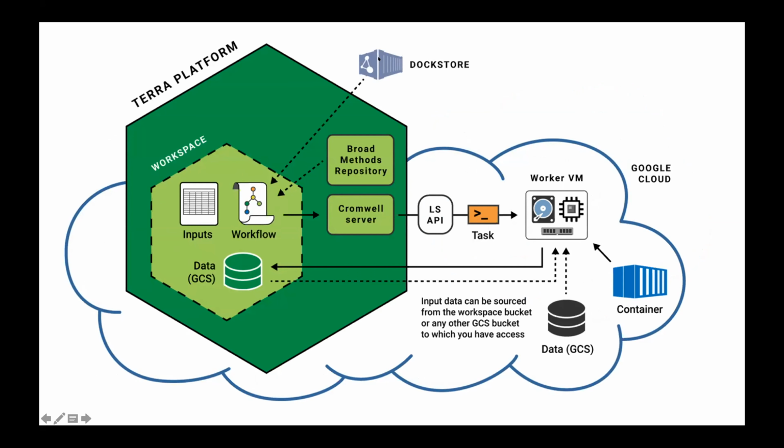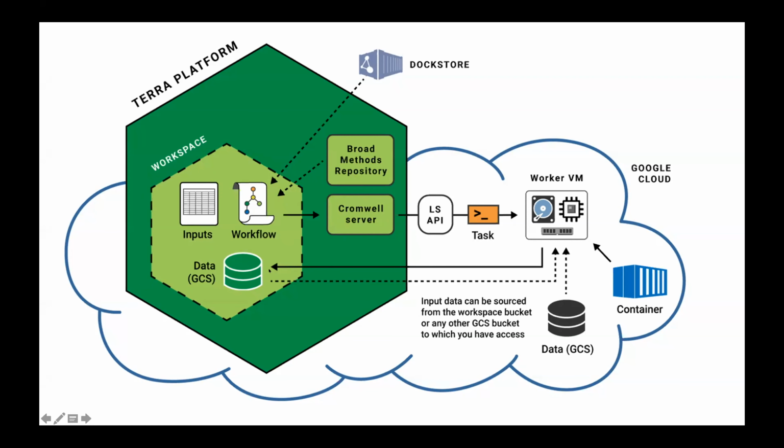I believe the DocStore team will talk about that integration in their talk. So you bring in a workflow, you have a table of inputs that takes the place of your JSON of inputs, and you send that to the internal Cromwell server. Terra will take care of running things, sending the work to the Pipelines API for execution on Google.